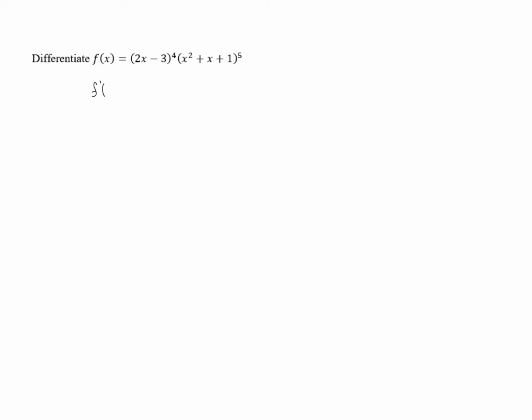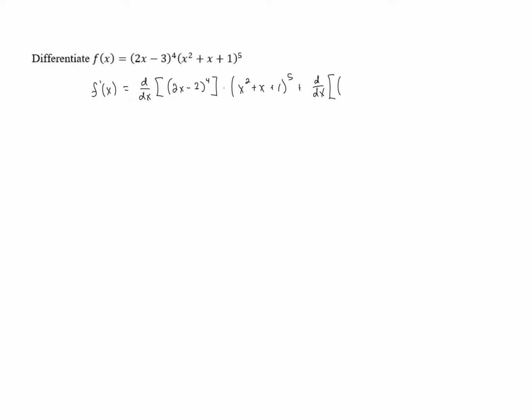If we want to differentiate this, we've got to use the product rule. And the product rule says that we take the derivative of the first part, so that's going to be the derivative of (2x minus 3) to the fourth power times the second factor, (x squared plus x plus 1) to the fifth, plus the derivative of the second factor.